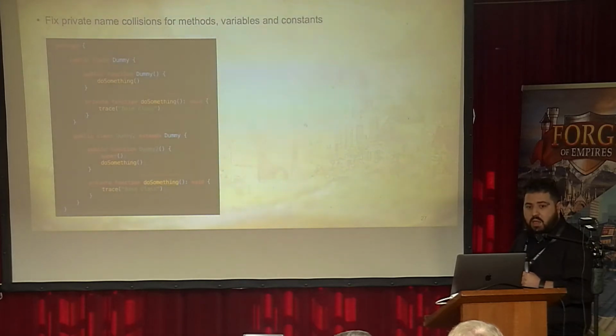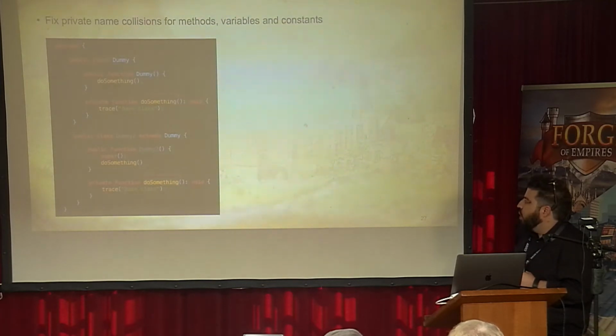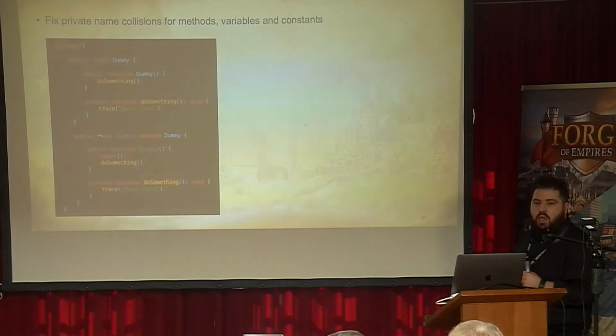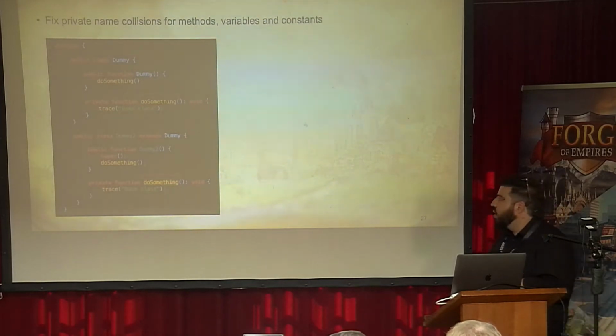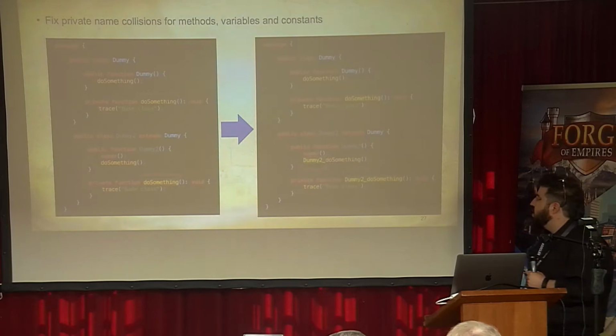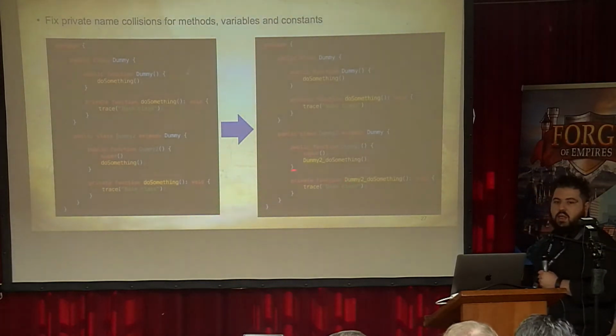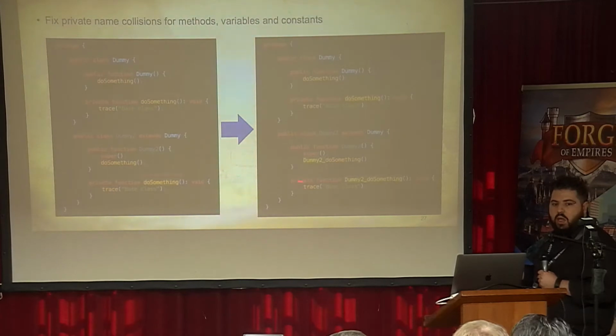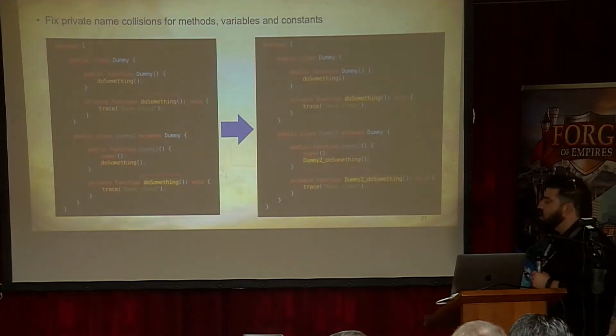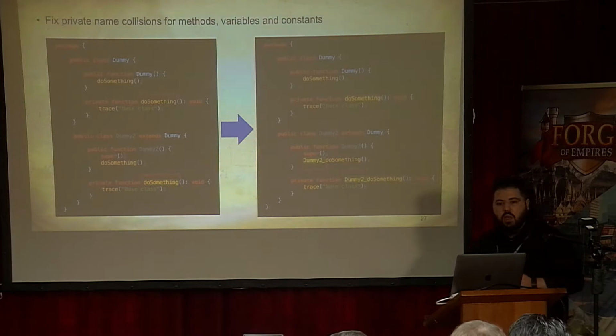They are different methods, but this will not be converted or generate valid compilation because we're going to have a naming error here. So one thing the preparser does is automatically detect these cases and rename these methods, so we don't have to worry about them.